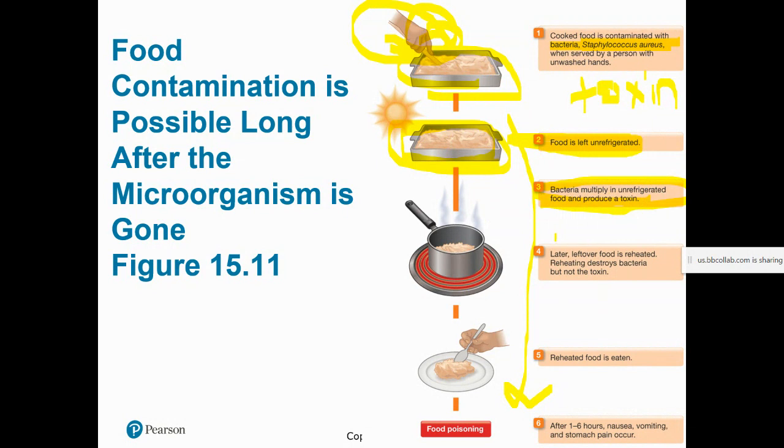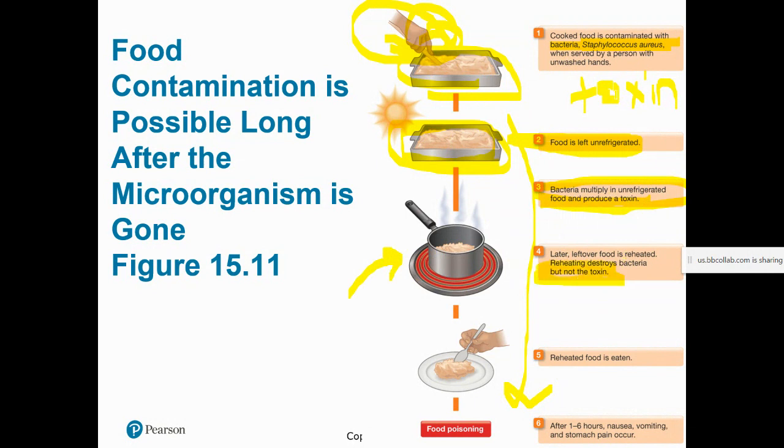Then maybe the food was refrigerated, maybe not, but at some point later, the food got reheated. And let's even assume that it did get reheated to above 140 degrees Fahrenheit.